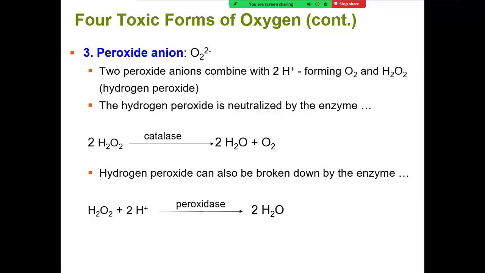Hydrogen peroxide is toxic to cells, but most cells have a means of neutralizing hydrogen peroxide. If a cell has catalase, the catalase can take two molecules of hydrogen peroxide to make two molecules of water and one molecule of oxygen gas. And so catalase can neutralize the hydrogen peroxide.